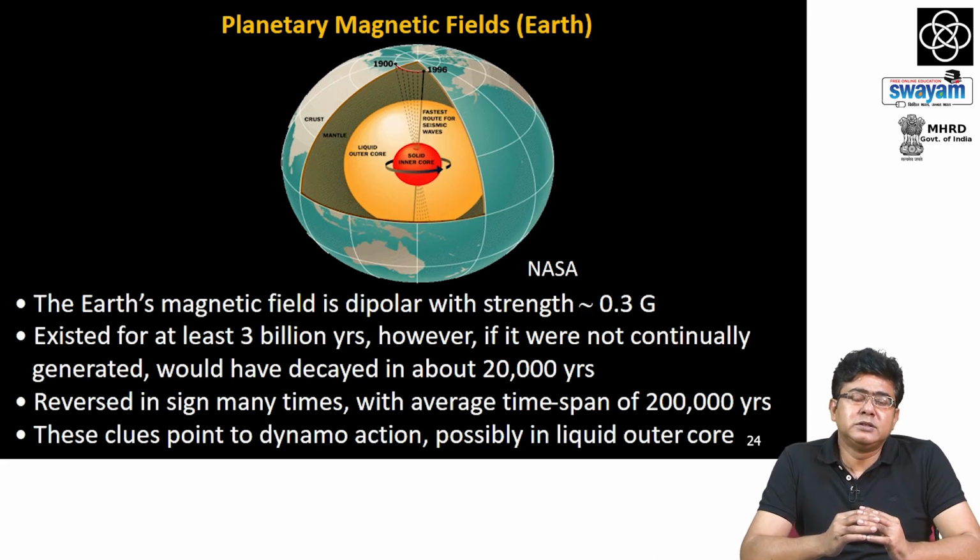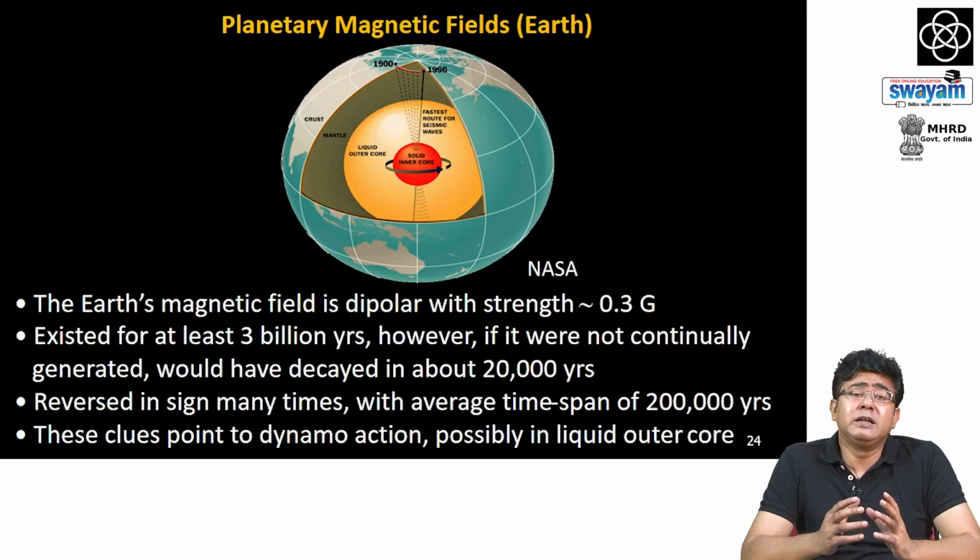We know that this is the result of dynamo action, because if the magnetic fields were not being continuously created, given the typical conductivity of the Earth's liquid outer core, the magnetic fields would have decayed in about 20,000 years.